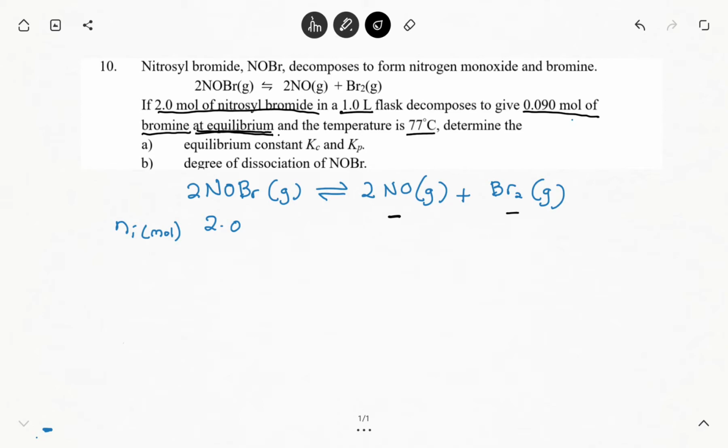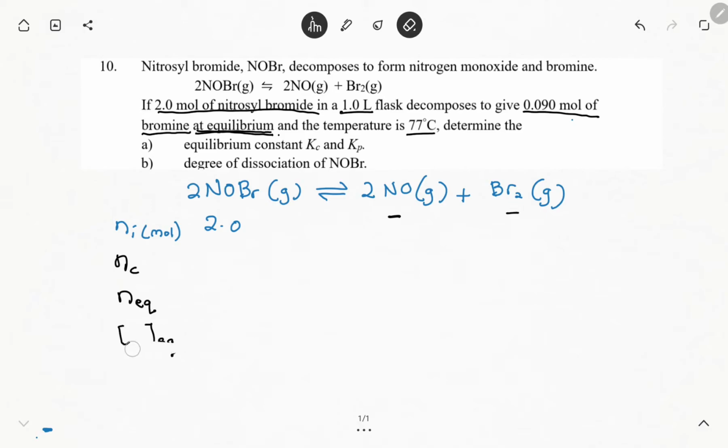So how to relate the initial mole of reactant to the concentration at equilibrium? Okay, we should draw an ICE table. Every time you want to draw an ICE table, you always have three options. Either you use the ICE table in terms of number of mole, that means you use N initial, N change, N equilibrium, and lastly calculate the concentration at equilibrium.